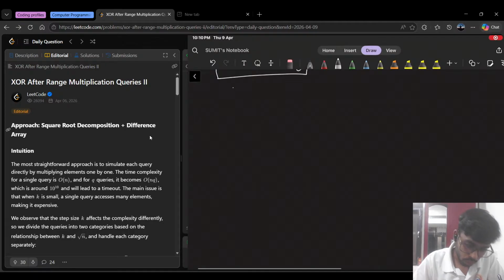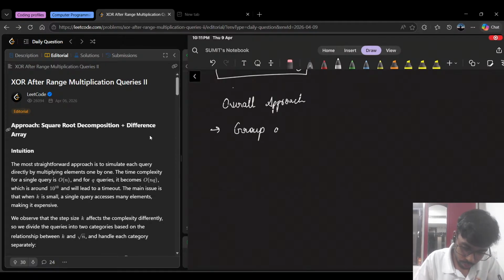So the overall approach, what I got: group all queries with similar k.